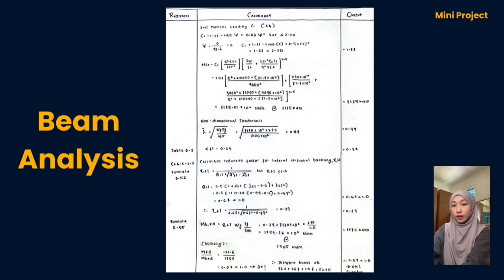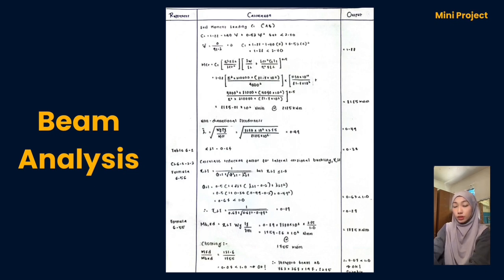Insert all the values using the same formula, and the answer is 8185 kilonewton meters. For non-dimensional slenderness, I got 0.49. Next is clause 6.3.2.2. The reduction factor using the 6.56 formula, and the answer is 0.89.